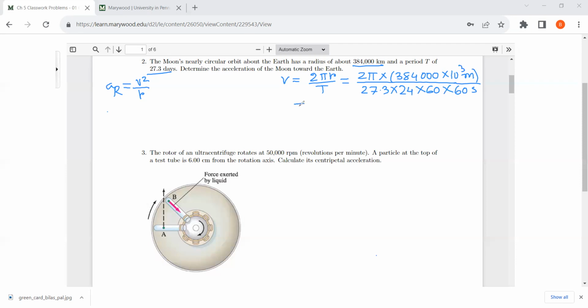Now if you plug these values correctly in your calculator, you will see that the velocity of the moon around our earth will be equal to 1023 meter per second. Once we know that, the rest is very simple. You just plug this value, but make sure you use the correct unit.